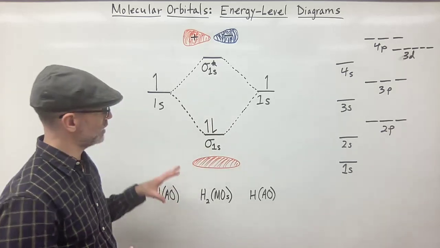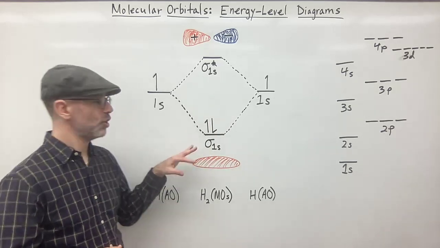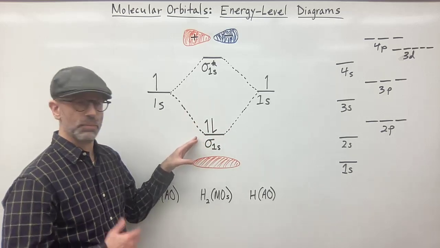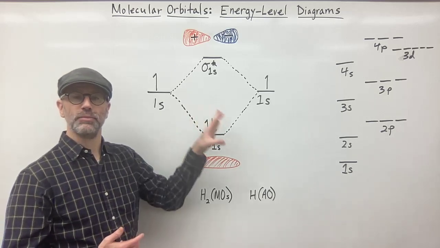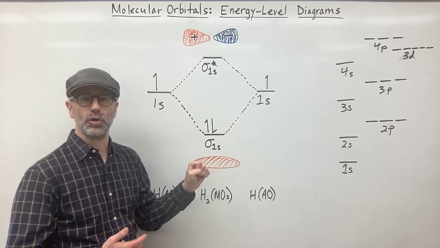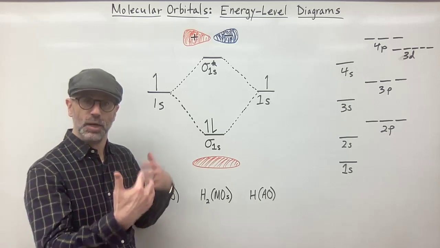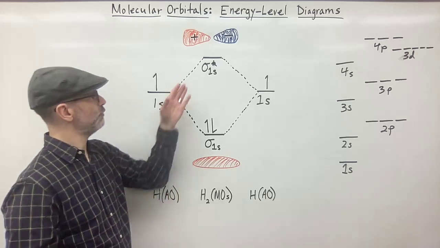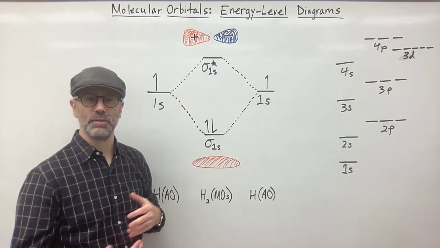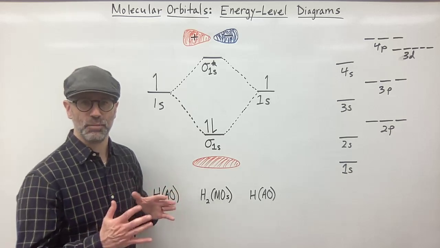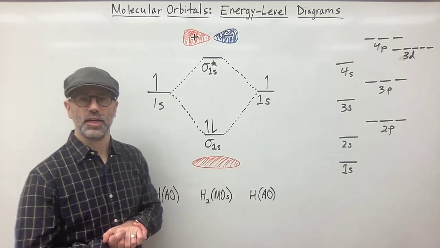And so what happens is, when you're adding electrons to the molecular orbitals, if you add them to a bonding molecular orbital, that's going to stabilize the bond between the atoms. If you add them to an anti-bonding molecular orbital, that's going to destabilize the bond.